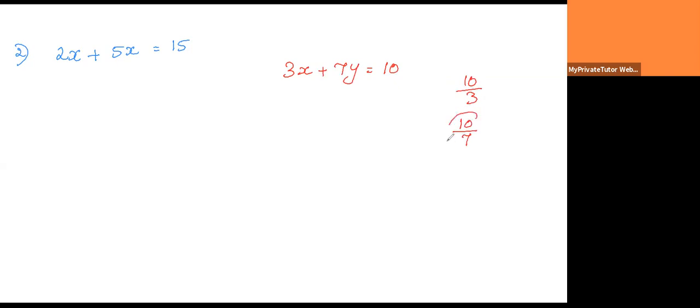So how do you mark this fraction in the graph? It is a little tough, right? Because this is 3.333. That's why the second method. I will tell you the second method in a simple way.